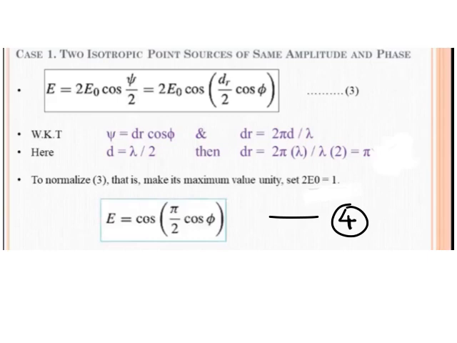In order to do the normalization, we just set 2 E naught equal to 1. Finally, the expression for the electric field for the first case, in which there are two isotropic point sources of the same amplitude and phase, can be given as cos of pi by 2 cos phi, because the value of dr is pi, so psi by 2 is pi by 2 cos phi. This is expression number 4.